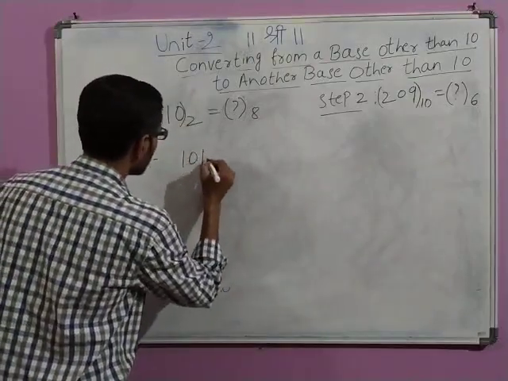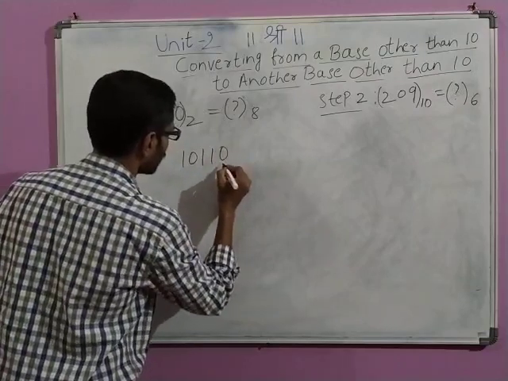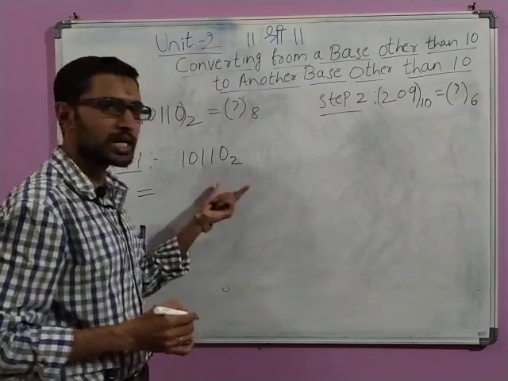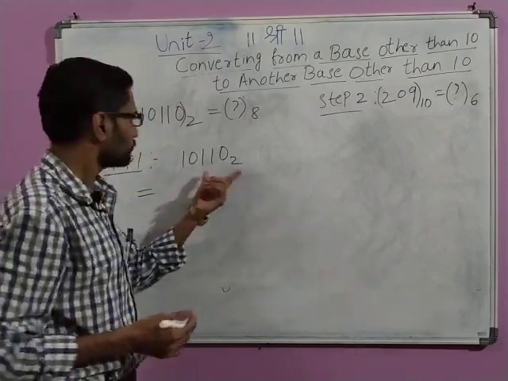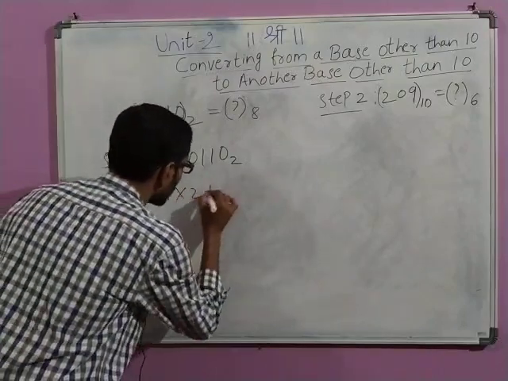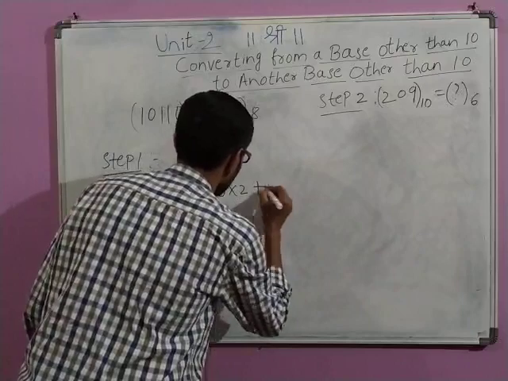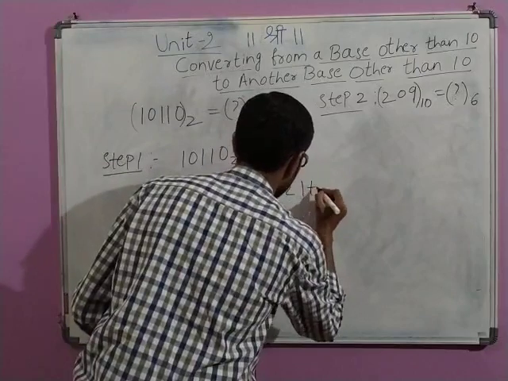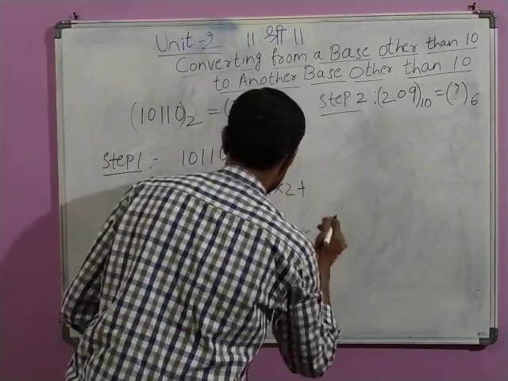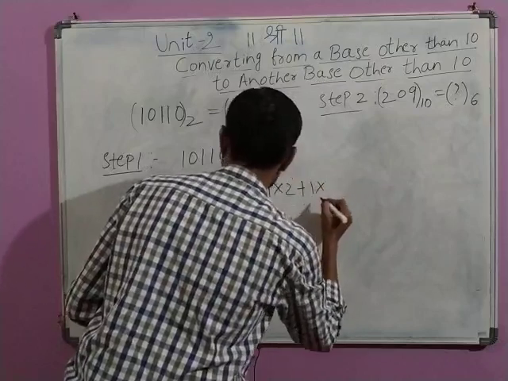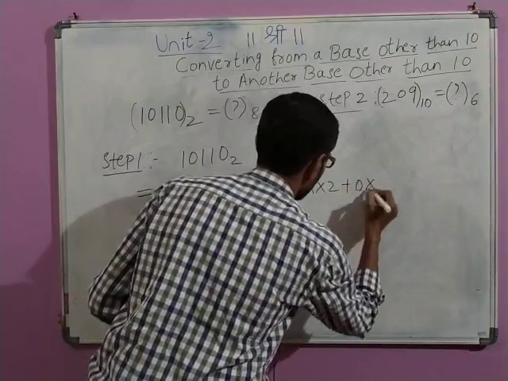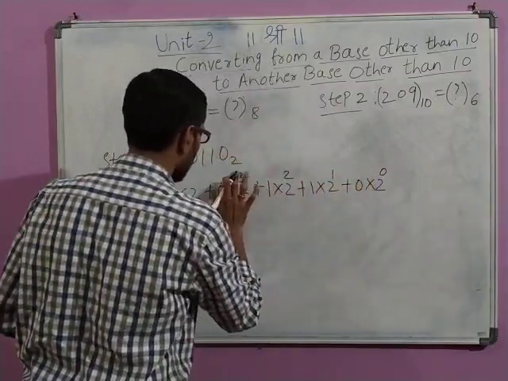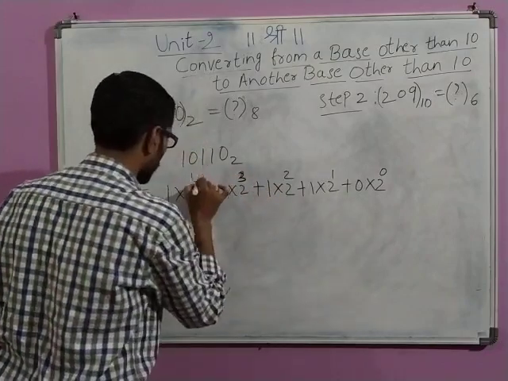So 10110 to the base 2 it is. How will we convert into decimal base? Take the digits and multiply with the respective positional values. So it will be 1 into 2 plus 0 into 2, plus 1 into 2, plus 1 into 2, plus 0 into 2, with powers 2 raised to 0, 2 raised to 1, 2 raised to 2, 2 raised to 3 and 2 raised to 4.